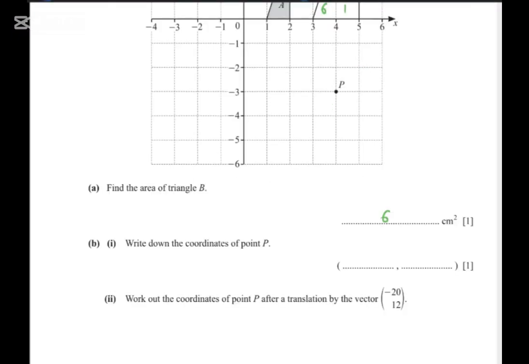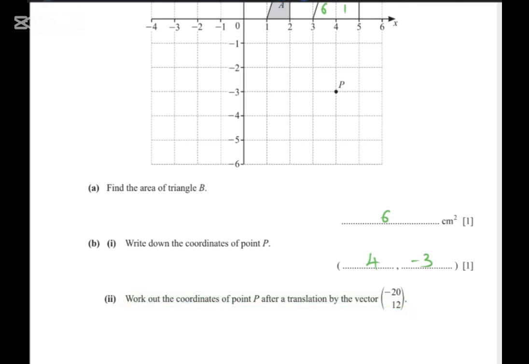Question B, write the coordinates of point P. Now what are the coordinates of point P? It is (4, -3). Next question, work out the coordinates of point P after a translation by the given vector.